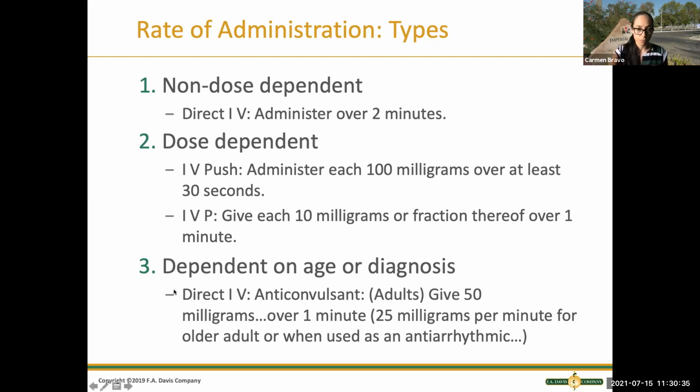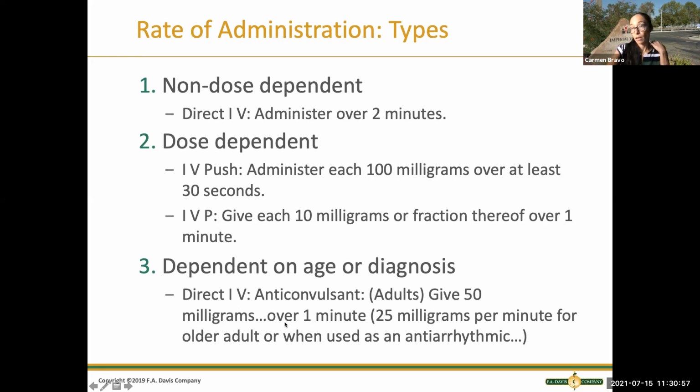That's another very common one that we do. And then we also infuse IV push based on age and diagnosis. For example, if it's an anticonvulsant, you have to be careful. If it's an adult, you can give 50 milligrams over a minute.